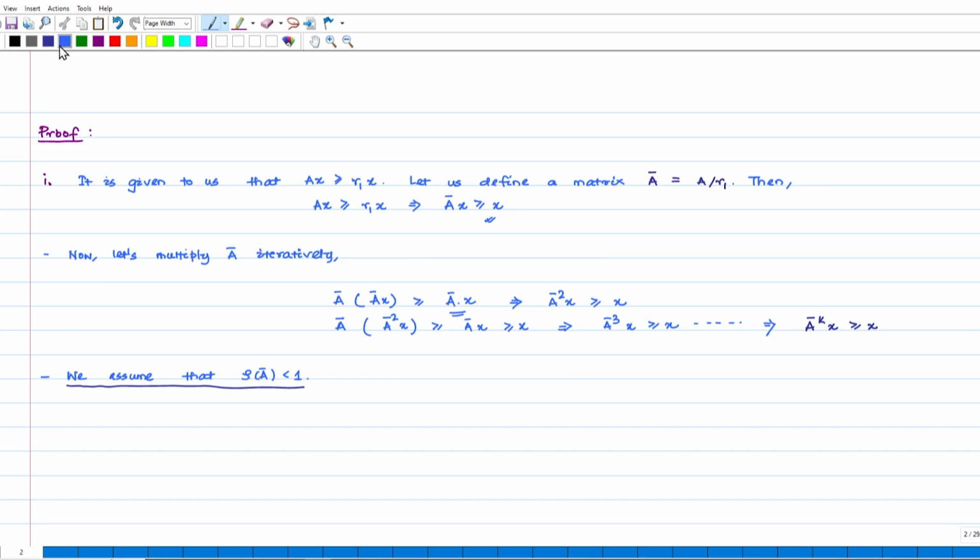Now, because of this assumption, we talked about the powers of non-negative matrices in one of our previous lectures, which says that if the spectral radius of a matrix is less than 1, then, let us write it.